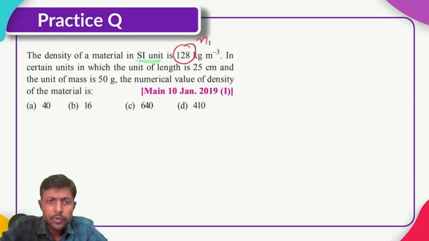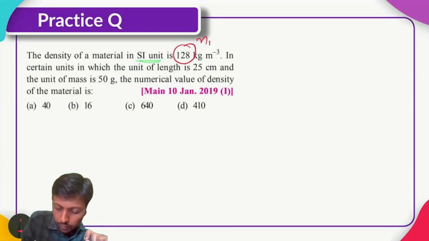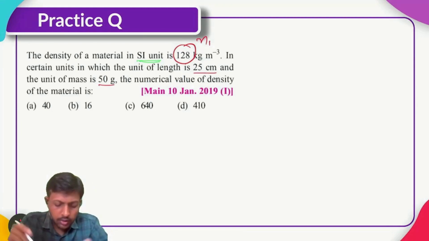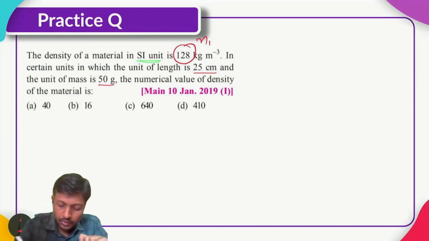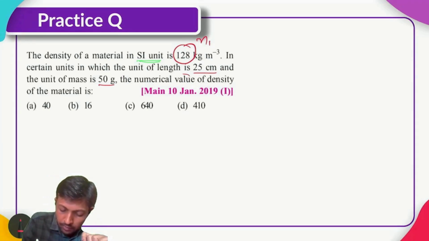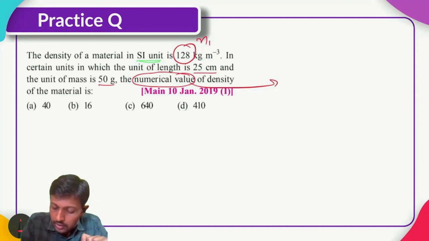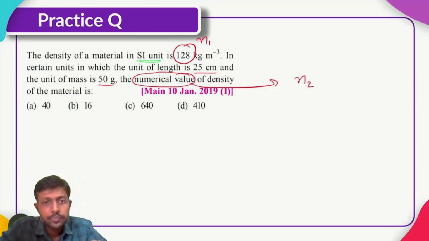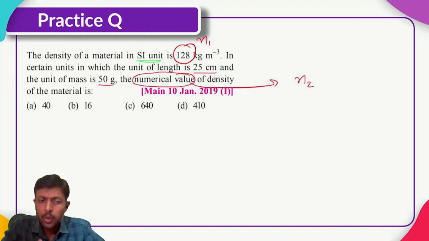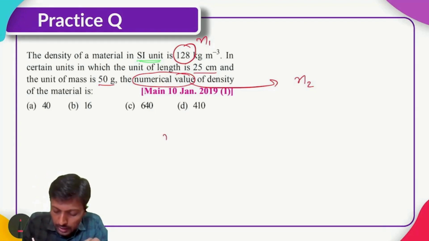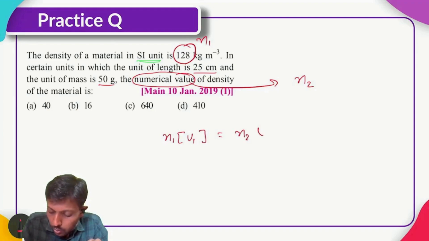In a different system of units, in which the unit of length is this, the unit of mass is this, what is the numerical value of density? So this numerical value which we have to find out is our N2. So let's use that formula, how to convert from one system of units to the other system of units. N1U1 is equal to N2U2.